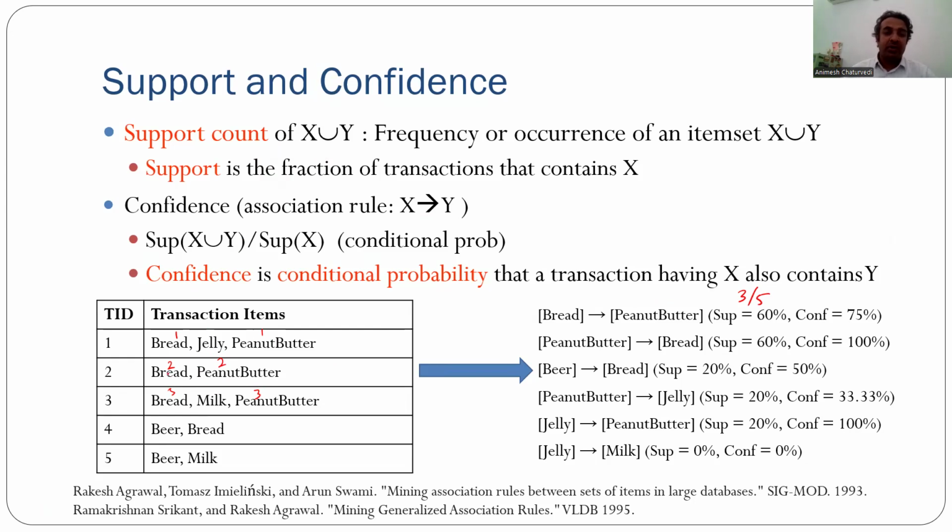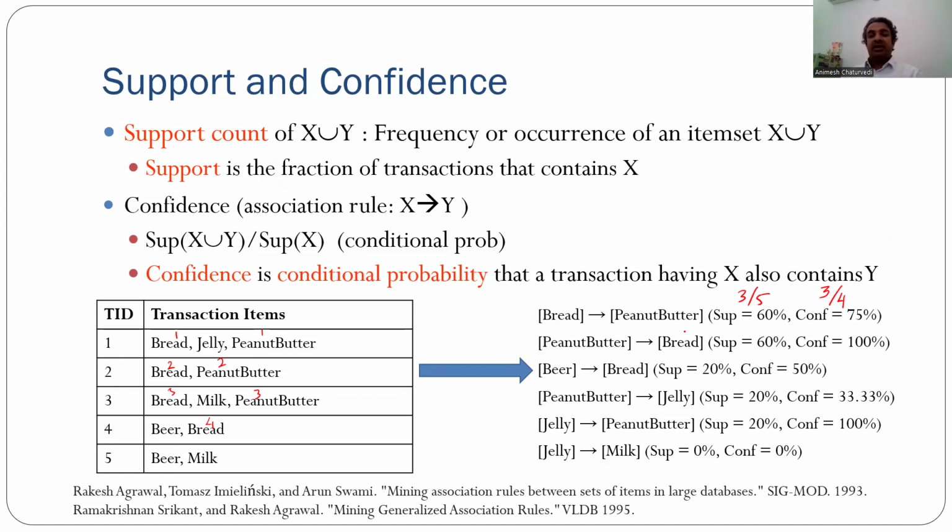If you want to calculate how many times bread is appearing, it is appearing four times, as antecedent. Peanut butter and bread together appear three times, so it will be 3 by 4, which is actually 75%.